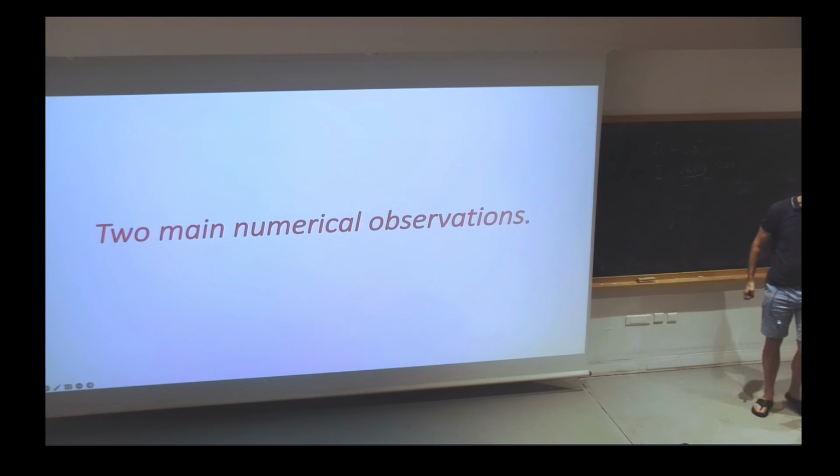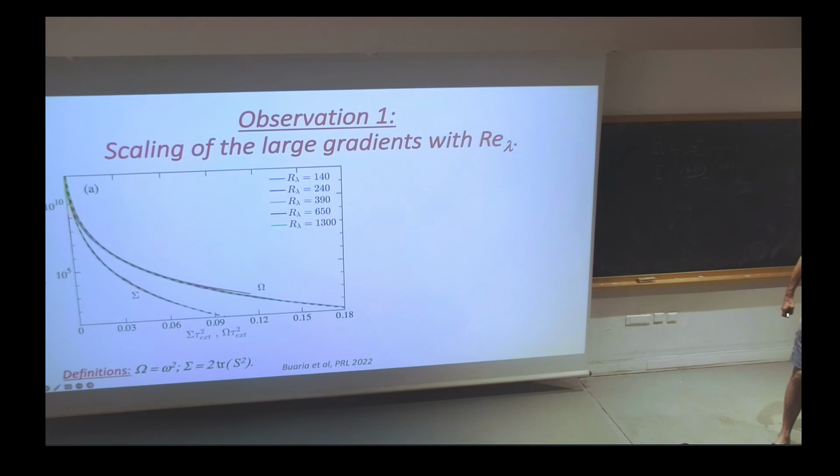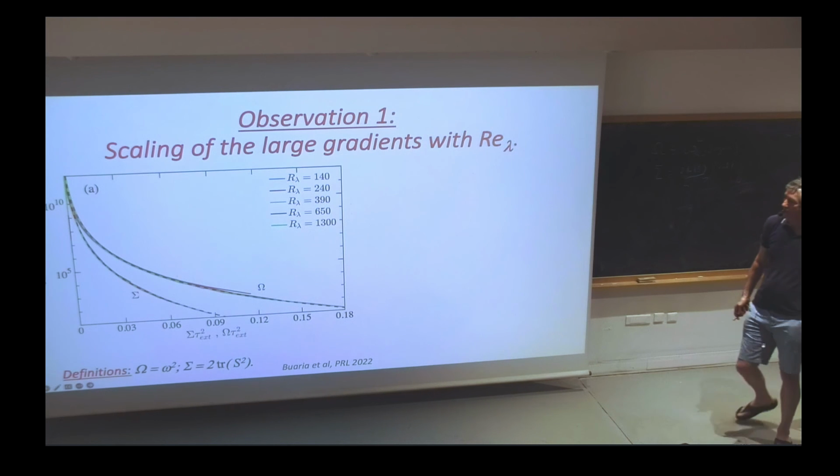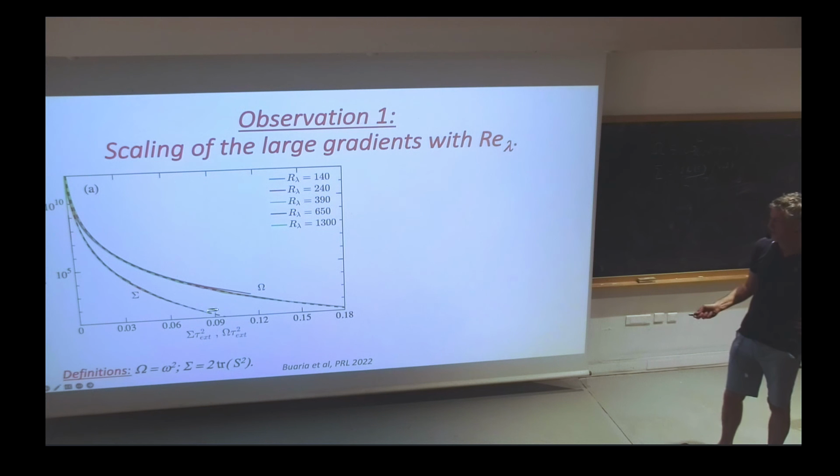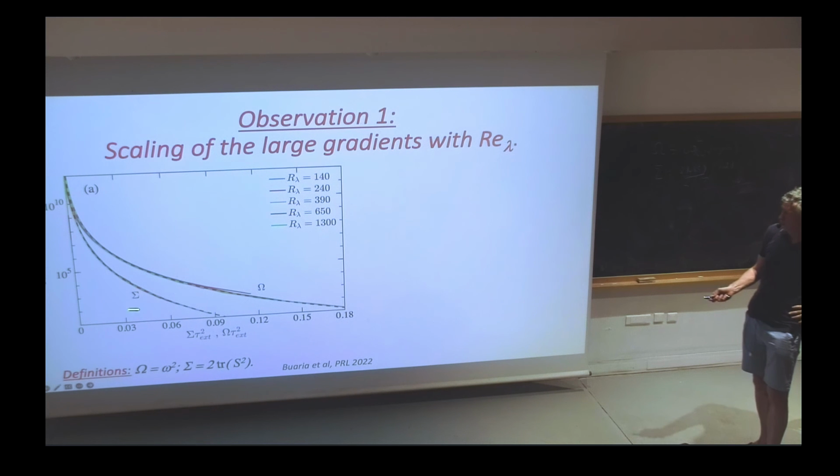Okay, so now, some little things that we notice which are of vague interest. Remember, I was showing you a minute ago this PDF for different Reynolds numbers and for either the strain and vorticity.